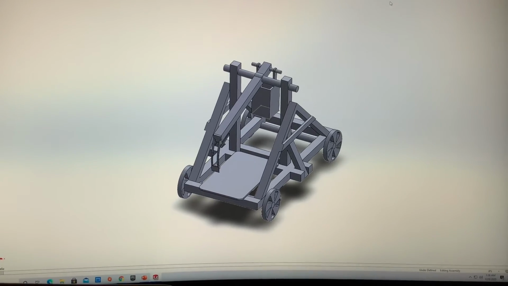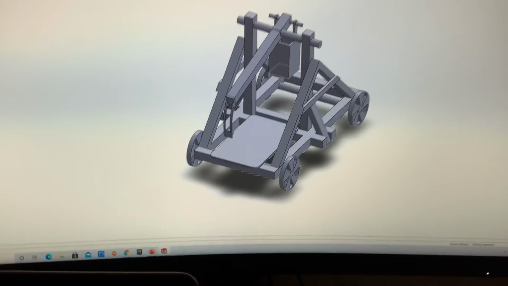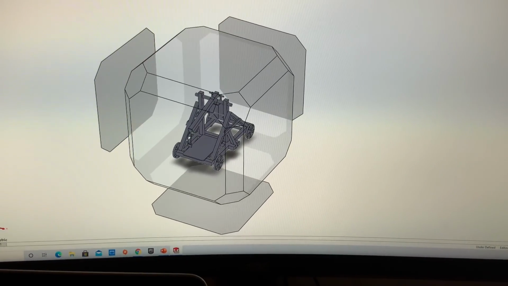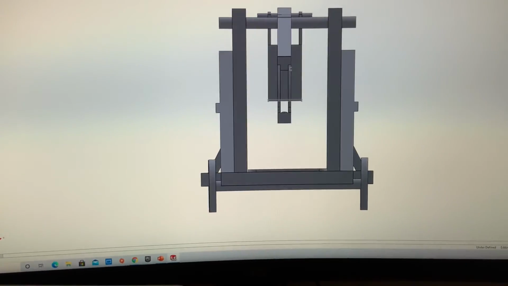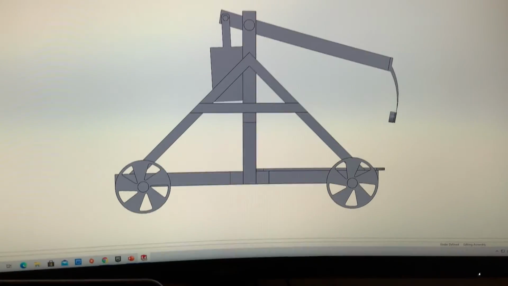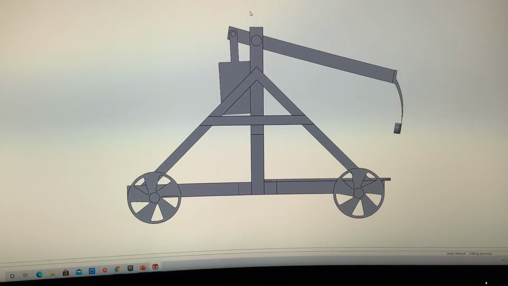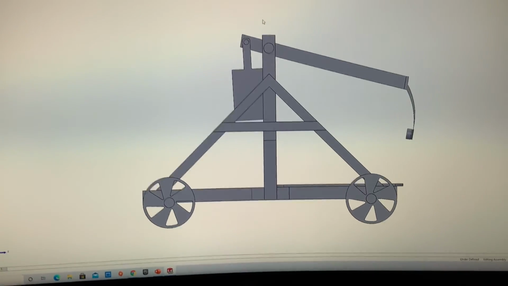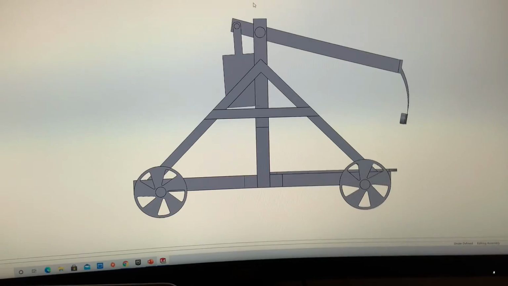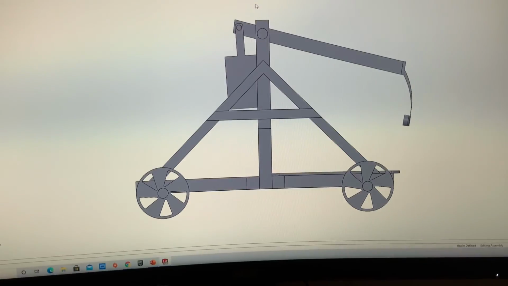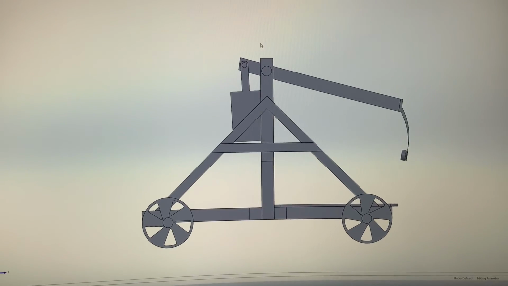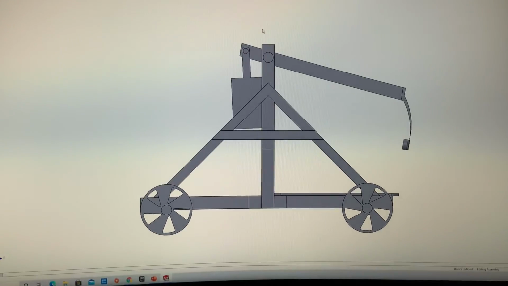This differs from both of the models we previously considered because it has wheels, as you can see. The wheels allow the system to move during the launch, and that extra forward motion adds extra energy to the projectile, adding more range to the trebuchet in general.